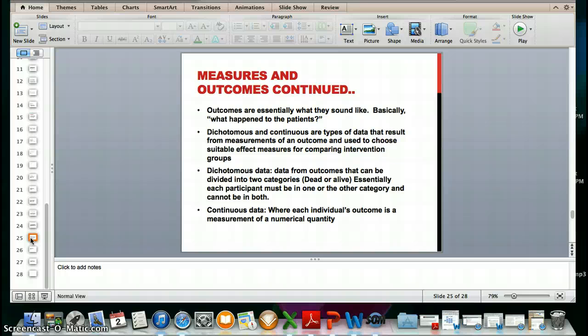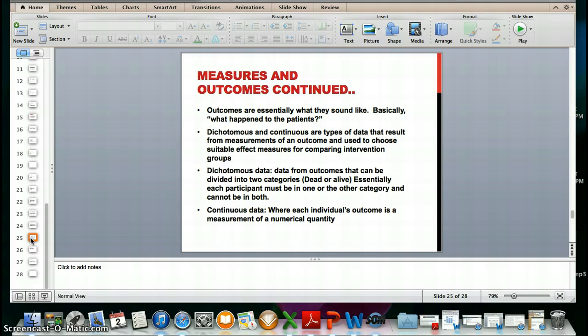Essentially, each participant must be in one or the other category and cannot be in both. Continuous data is where each individual's outcome is a measurement of a numerical quantity. So you will often see that, and within the results section, you will list the measures.